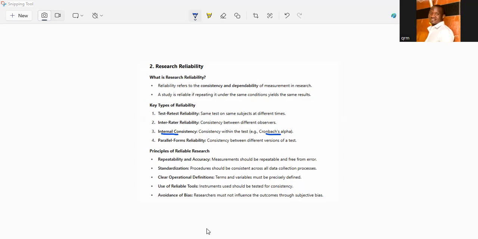We also have what we call the parallel forms reliability test. It assumes that when you use two different versions, they will give you the same test results. In short, if both give you the same result, they're reliable.